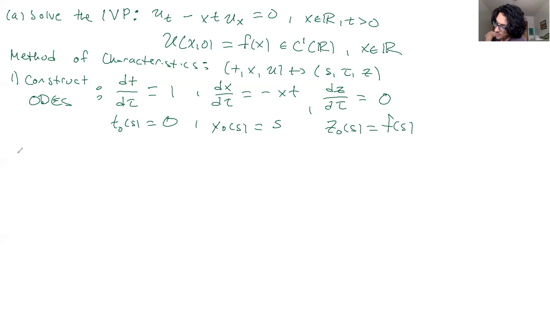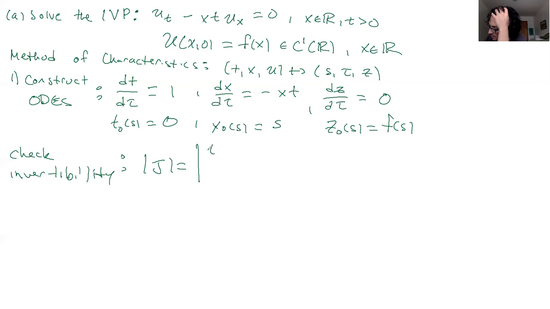So the first thing we want to do with these ODEs is to check invertibility. And to do that, we construct our Jacobian and take the determinant, okay?